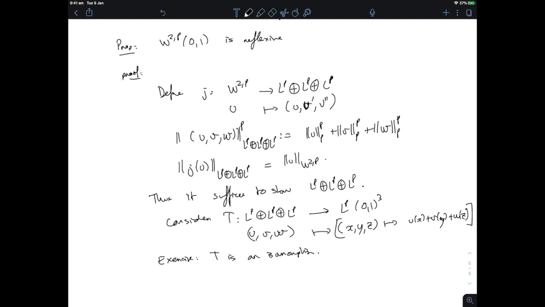And so what we have now is an isomorphism between two spaces, one that we already know is reflexive, and therefore the other one is also reflexive. So this is reflexive. And that concludes the proof, because we've identified W^{2,p} isometrically with a closed subspace of that reflexive Banach space.